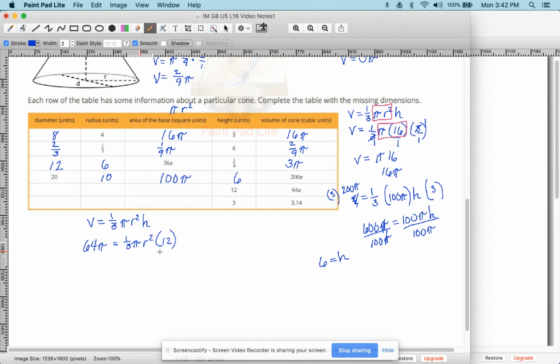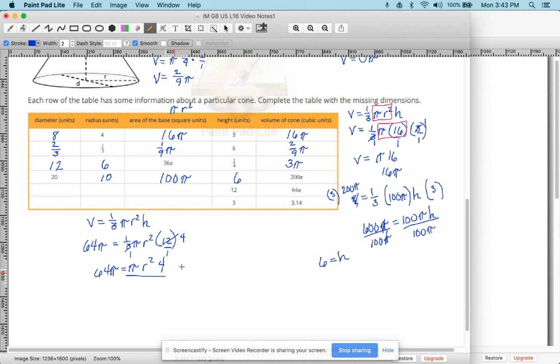Once again, I can cross cancel because it's like 12 over 1. So 3 goes into itself once. 3 goes into 12 4 times. So let's see, what do I have? I have 64 pi equals 1 over 1, so I've got pi times radius squared times 4.